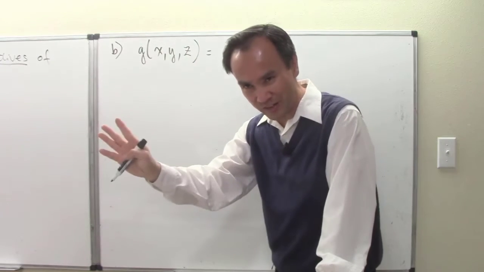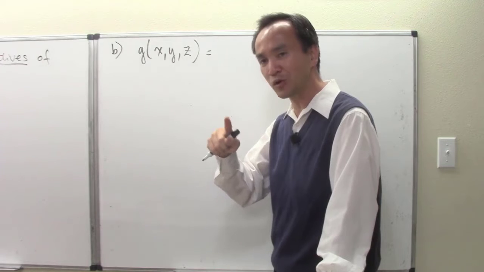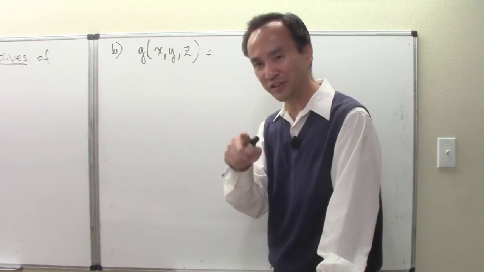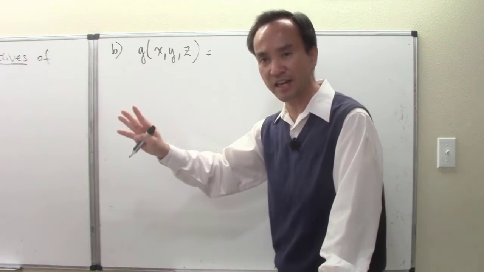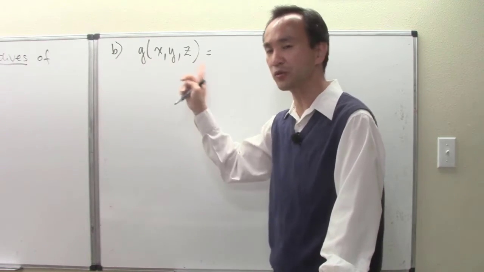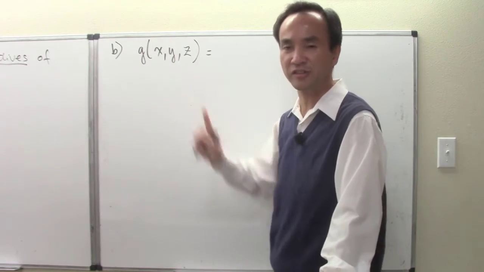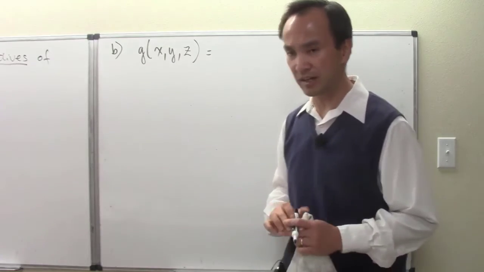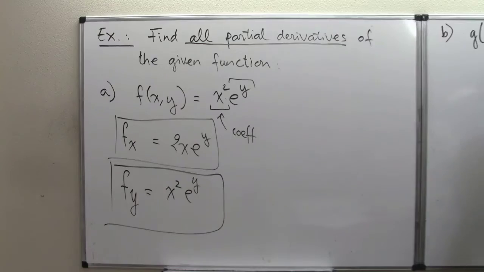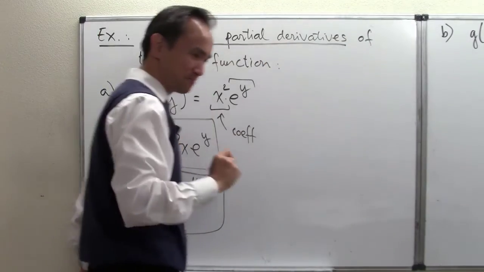All right, so I keep giving this advice: any skill that you've learned, yes, admittedly, I'm giving the instruction mostly focused on functions of two variables, but any skills you've learned so far can be easily extended and applied to functions of 3 variables, functions of 4 variables. So right here we have a function of 3 variables. The instruction of the problem again says we want to find all partial derivatives.